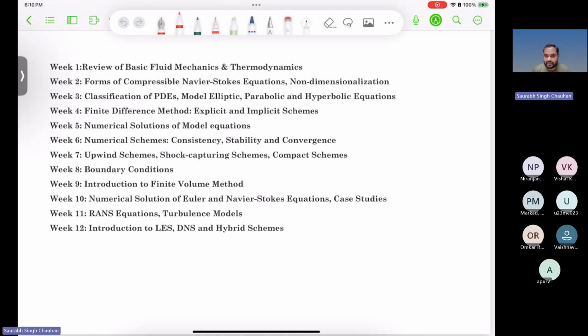Till then we can have a brief introduction. I am Saurabh and I am from IIT Kanpur. I am doing my doctoral research in the Department of Mechanical Engineering. You can also introduce yourself. We have Mukund, Niranjan, Omkar, and someone named U23ME023, Vaishnavi and Vishal.